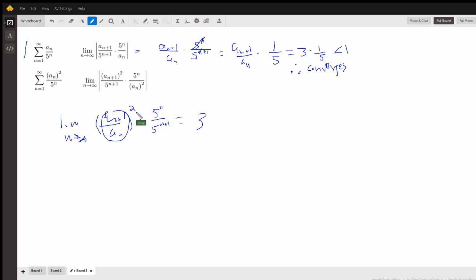But we've got this exponent of 2 here, squared, and this is still 1/5. But now we've got 9/5, which is greater than 1, therefore divergent. Okay, so this series, based on the given information, is the one that converges.